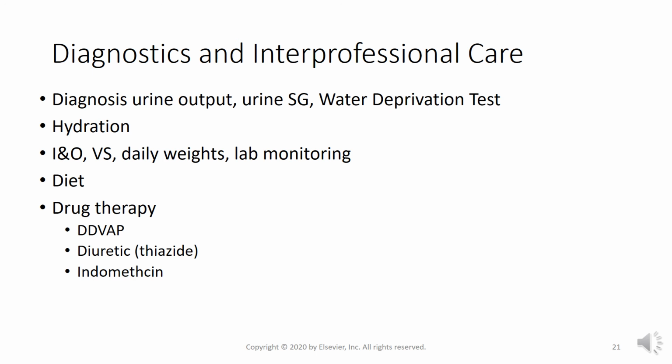They may also order indomethacin, which is a medication that will decrease the renal responsiveness to ADH and therefore cause a reduction in urine output.